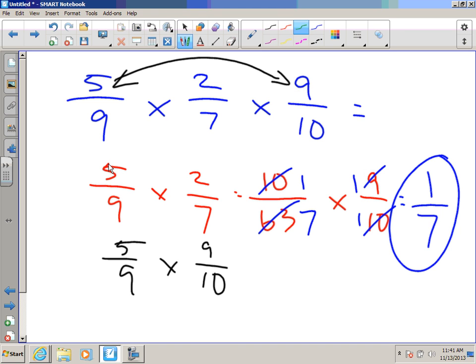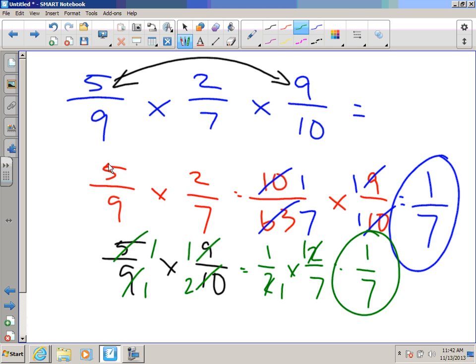They have a 5 and a 10, and they have a 9 and a 9, which is going to give me half. I multiply that half times what's left, and I say 2 and 2, I still get the 1/7. And I took it out of order, but because I was just multiplying, that's okay as long as I do what I'm supposed to do the way I'm supposed to do it.